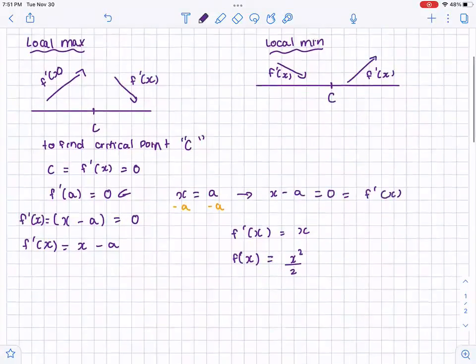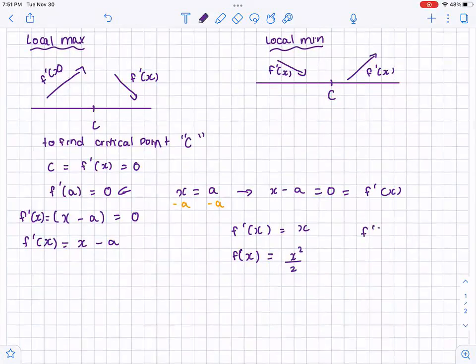And another one, if f prime of x is equal to a, the function that would give us this is f of x equal to a times x, because the derivative of a times x with respect to x is a, right?